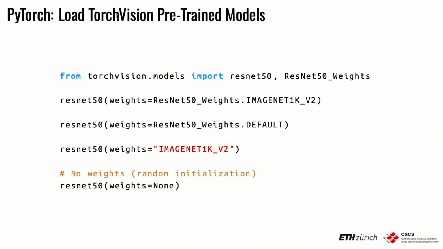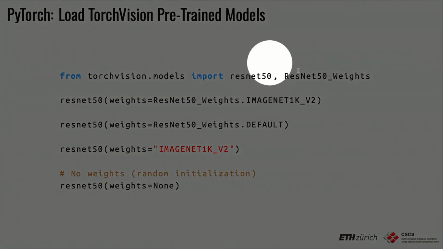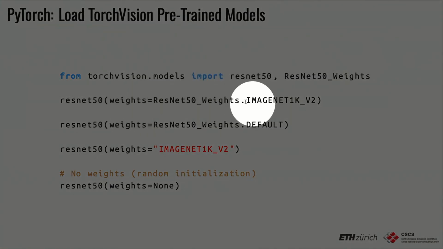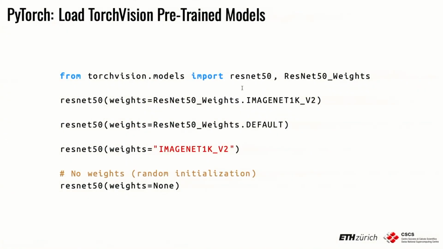And it comes with a models module, and the models module actually contains definitions of famous convolutional neural network architectures, but also pre-trained weights. And it's quite easy to just import the model. You can just, from models, import ResNet50. So you have access to this ResNet50 CNN architecture.